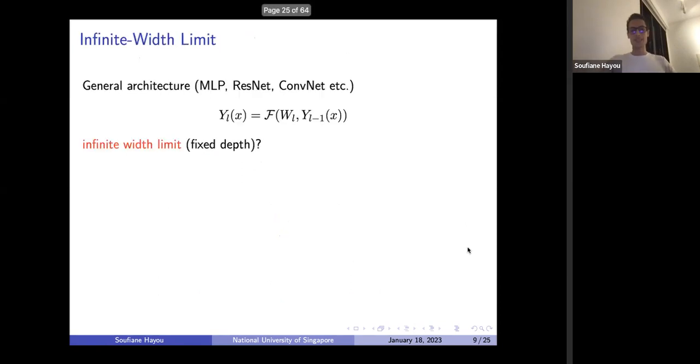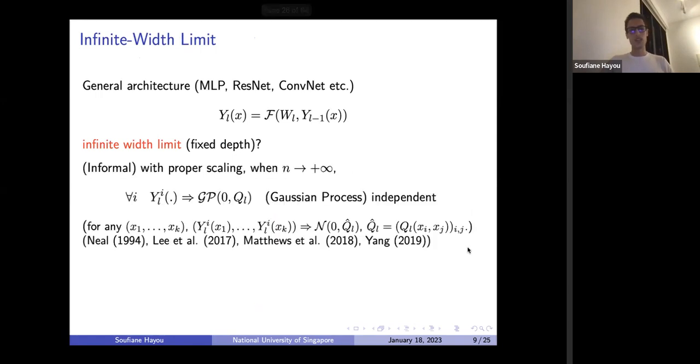But actually, this has been studied extensively in the literature. Basically, for general neural network architectures, MLP, ResNet, convolutional neural nets, etc., if you fix the depth and take the width to infinity, you can actually show that the neurons or the layer pre-activations converge to Gaussian processes. You can think of a Gaussian process as the infinite dimensional limit of a Gaussian vector.